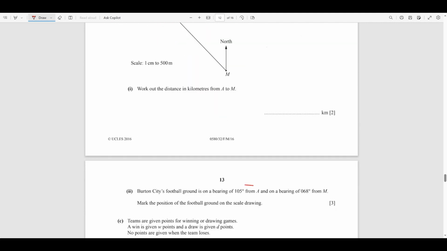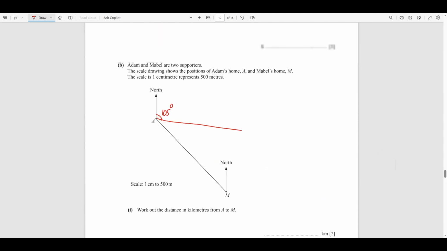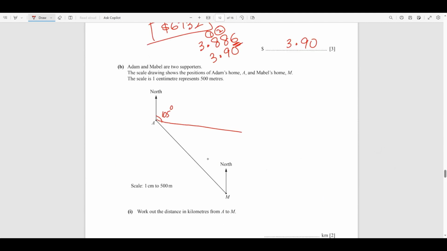So the ground could be anywhere on the line. Reading the second thing, 68 degrees from M. This is M and the north is here. We are going to set up our compass on M like this, with this as 0, and then check from here, 68 degrees. If this is 90, 68 degrees should be somewhere around here. So I'm just going to roughly mark this, removing everything extra.